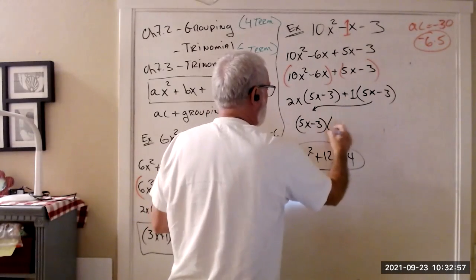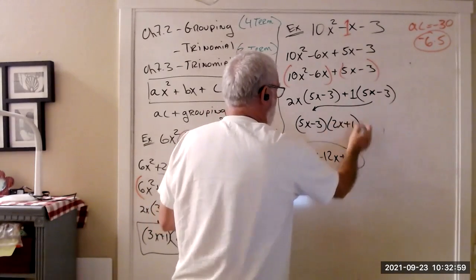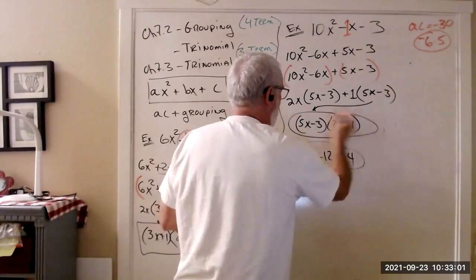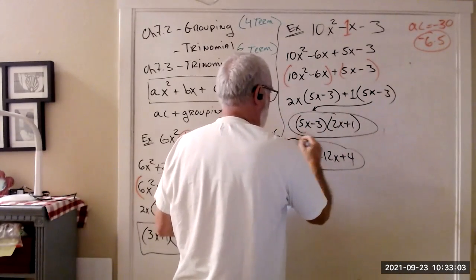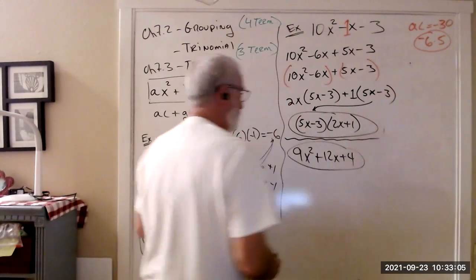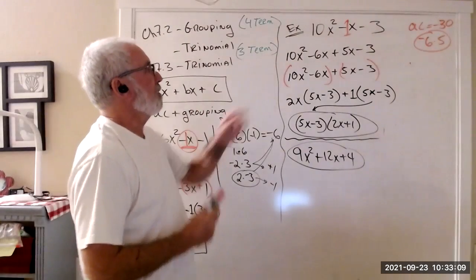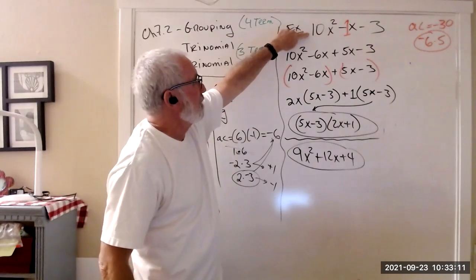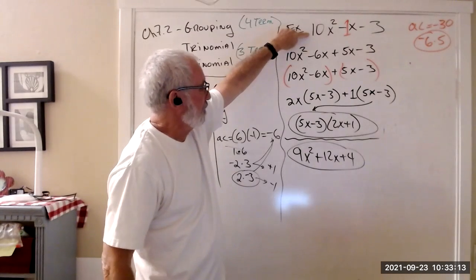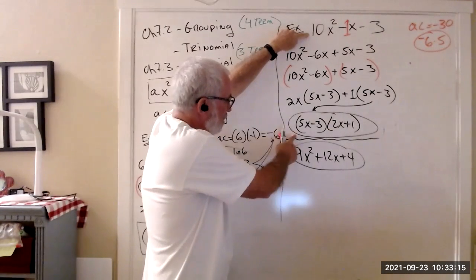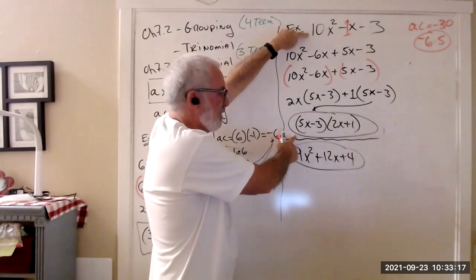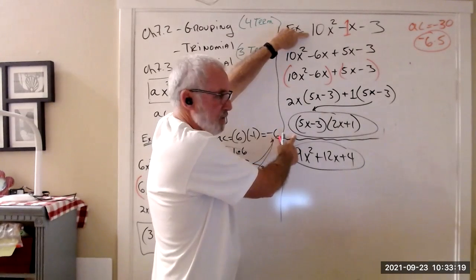And the 2x plus 1 comes together, and that would be my final answer. So given this problem here, 10x squared minus x minus 3, asking you to factor it, that's the answer. 5x minus 3, 2x plus 1.